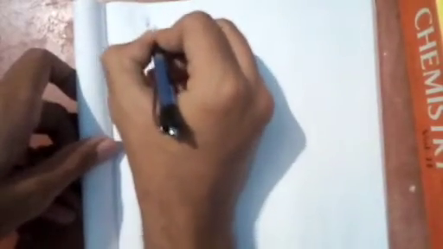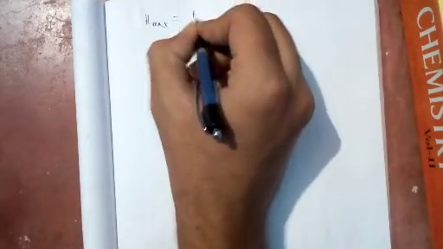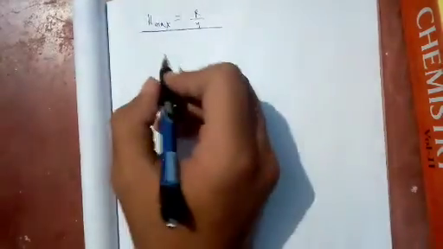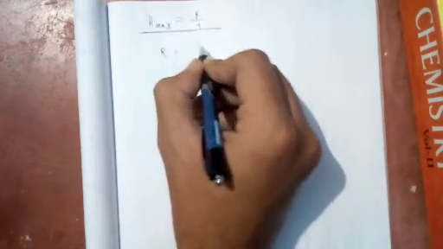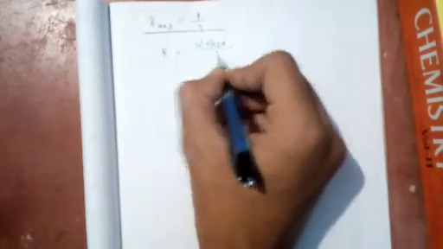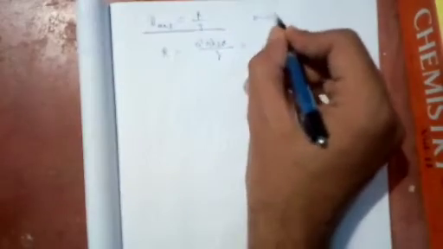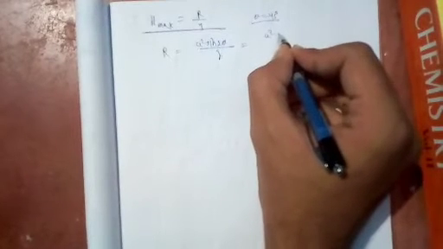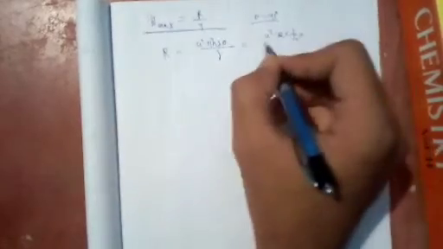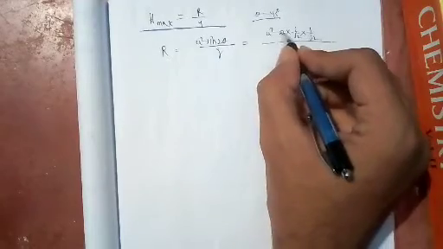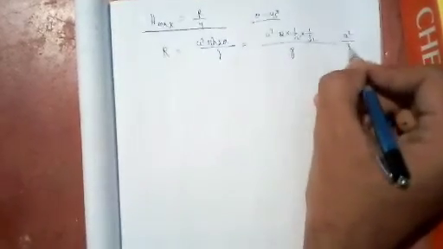Now we know that h max is equal to r by 4. How will it be proved? We know that r is equal to u square sin 2 theta upon g. When theta is equal to 45 degree, u square sin 2 theta, that is 2 sin 45 degree cos 45 degree, that is 1 by root 2 into 1 by root 2 upon g, that is u square by g.